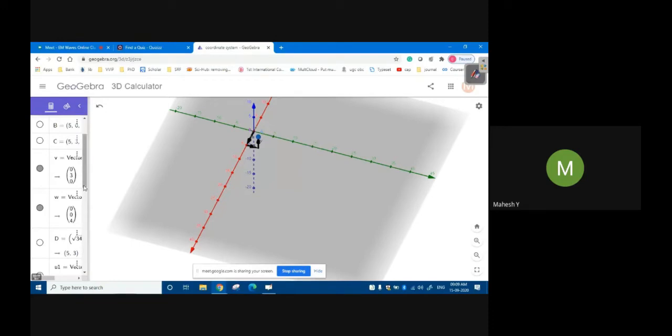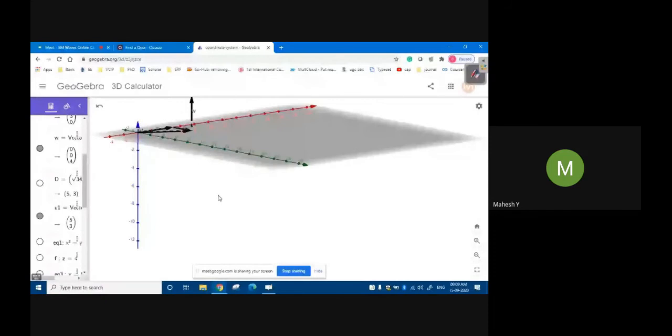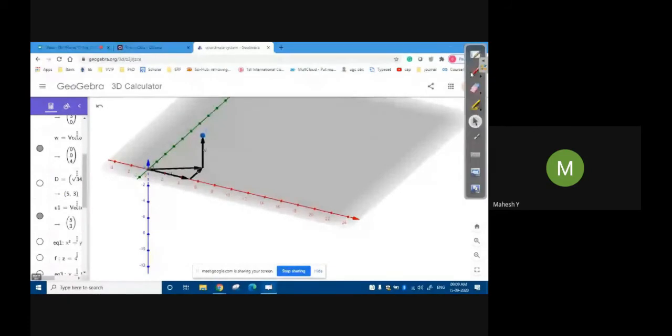In the next one, we go for another method. In that one, we directly reach the shadow of the point A, like this. This is called rho. This is the rho, from this to this length.